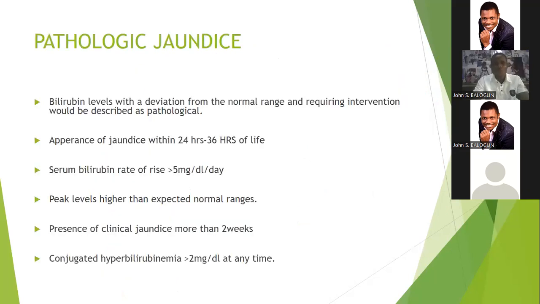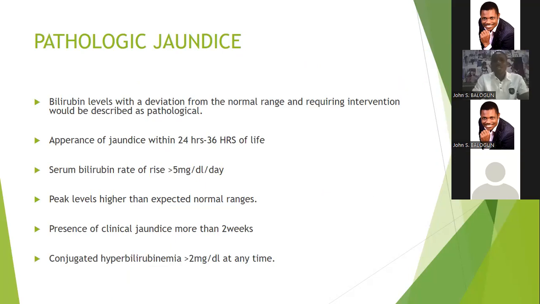So let's talk about pathologic jaundice. I hope you are taking note of all of this. One, any jaundice that appears within the first 24 hours of life is pathologic. Now, if the rate of rise of serum bilirubin is greater than 5 milligrams per dL per day, it is pathologic.